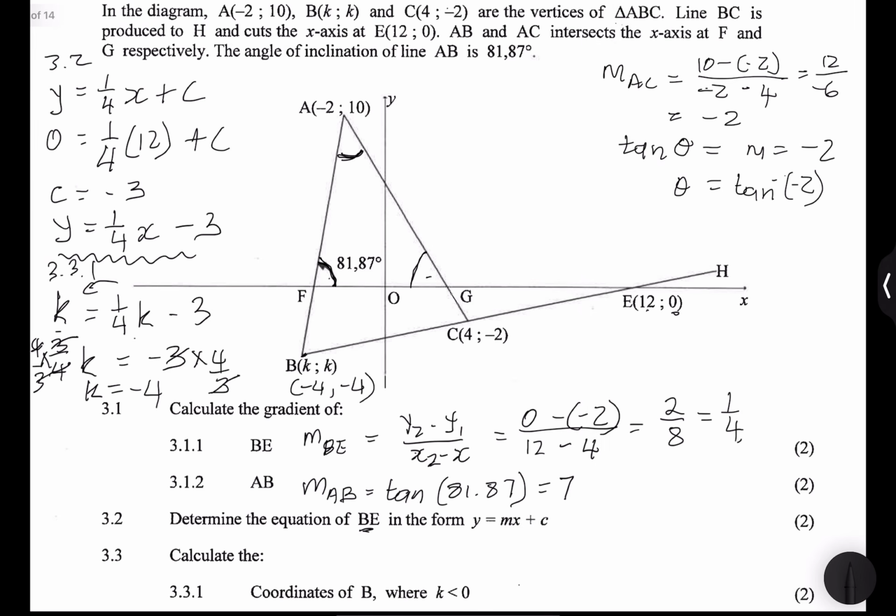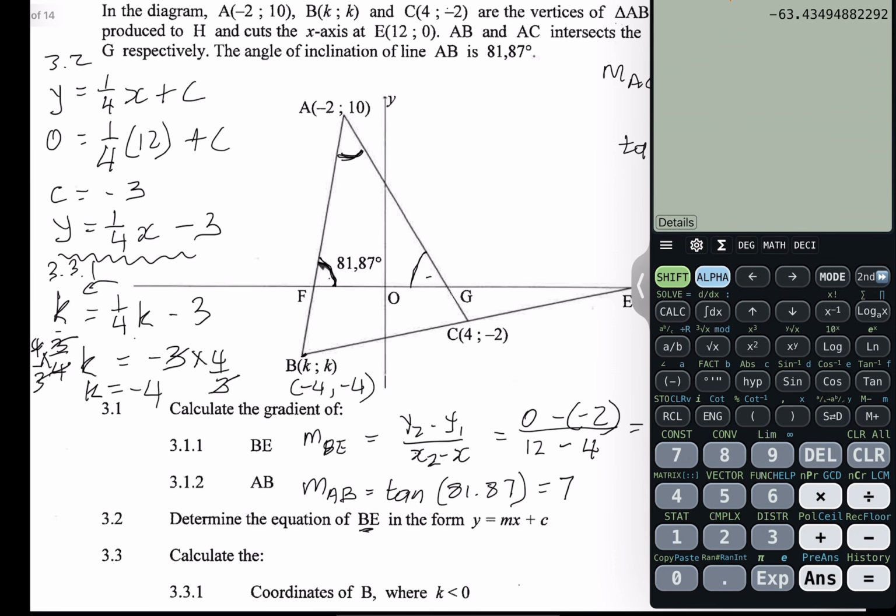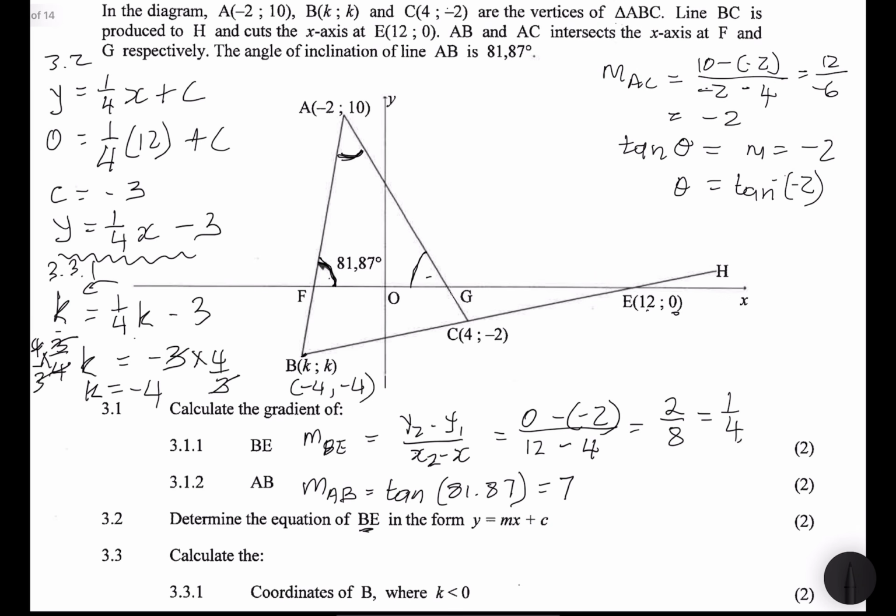Now, please note, because the gradient is negative, that angle there, minus 63.43, is actually this angle over here. So it means this angle is 63.43. The reason why it came out as negative is that, remember, whenever we calculate the angle, we always measure the angle from the positive x-axis, going anti-clockwise.